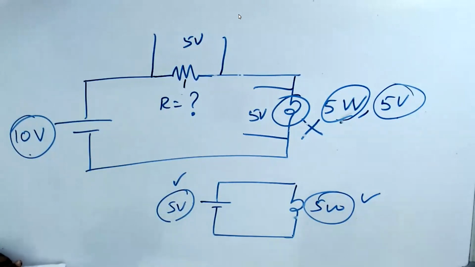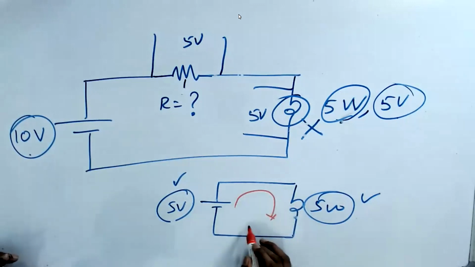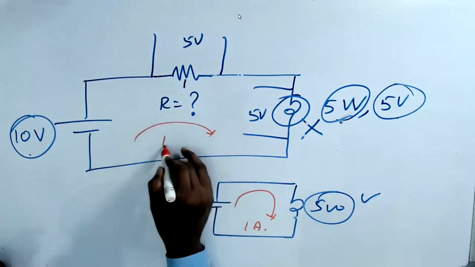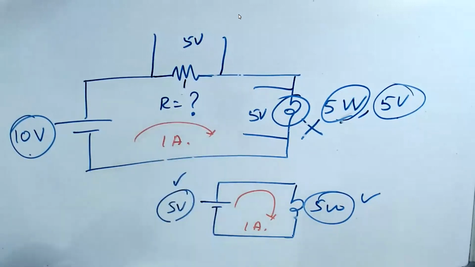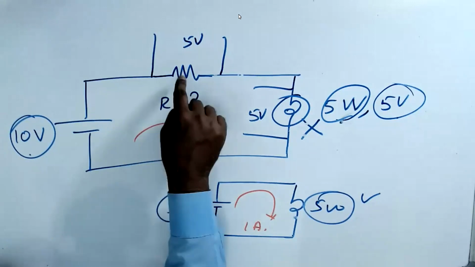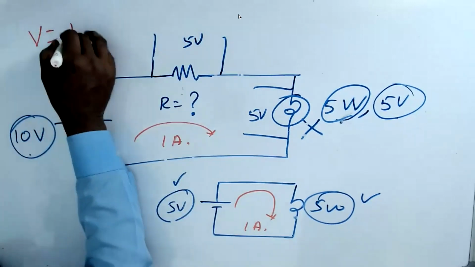So this guy is going to take about how much? 1 ampere. So now I have to pass a current of 1 ampere. That means the current is going to be 1 ampere. So what is the voltage to be dropped? 5 volts. V is equal to IR.